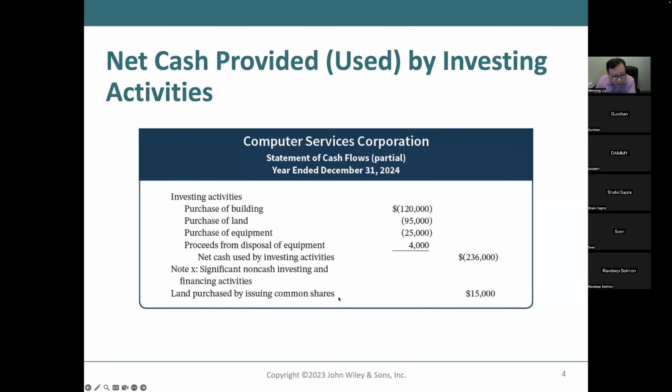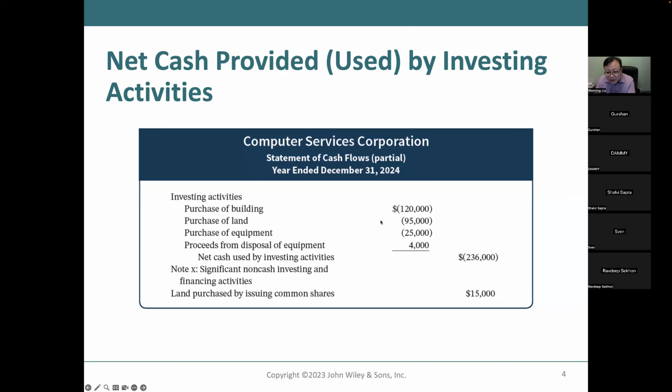So in this example, we can see that you first label this line as investing activities, and then under this, you have different lines about the transactions. So purchase of building, that's going to take money. You use the 120,000 to purchase a building, so that's a negative.